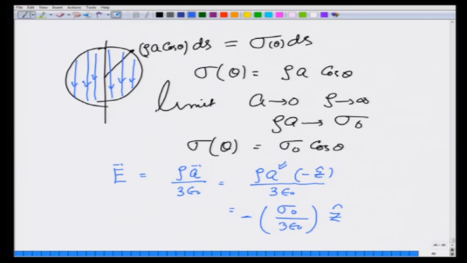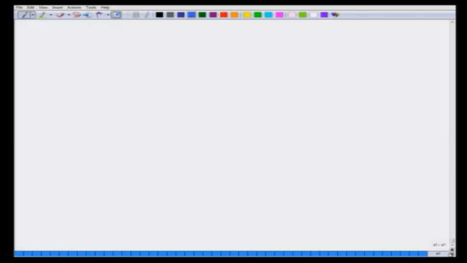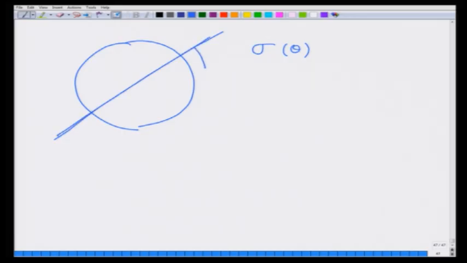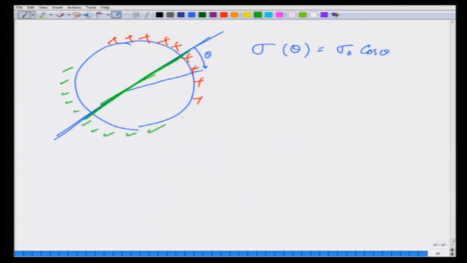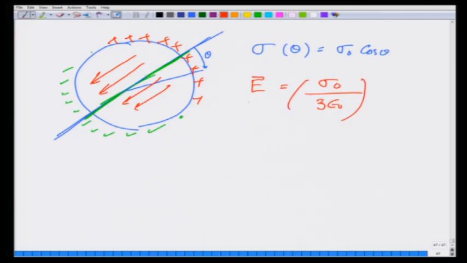What do we conclude? We conclude that if I have a sphere over which sigma depends on the angle from some axis, if you go away by an angle theta, if sigma theta is sigma 0 cosine of theta, so that it is positive all over here and negative on the other side, maximum being along this axis and then it diminishes and becomes 0 here, then the E field is constant inside, as given by sigma naught over 3 epsilon 0 pointing from the positive to the negative side.